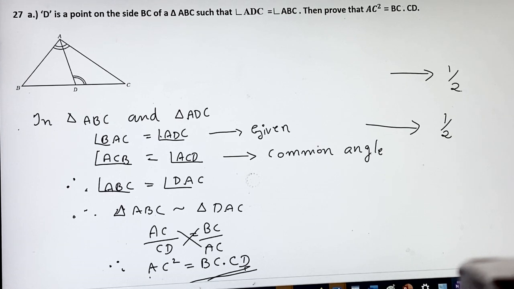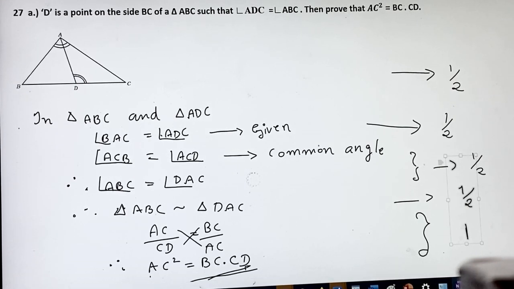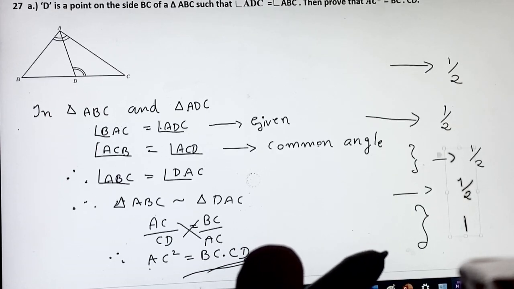Then if we prove the first step, it carries half marks, and the final statement carries 1 mark. This is how the marks split up for this question.